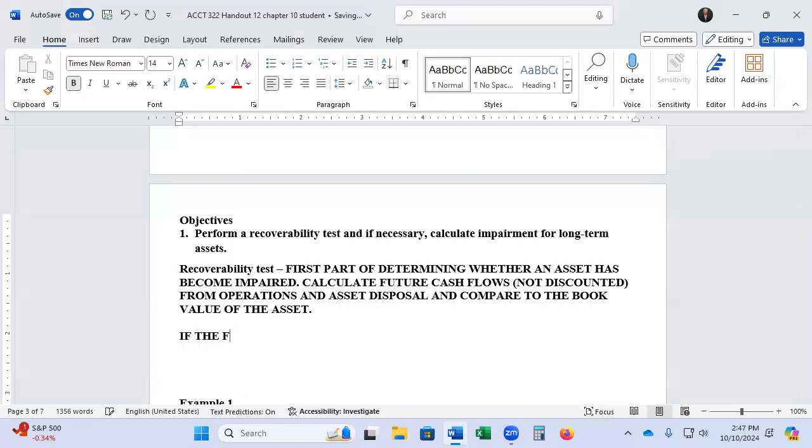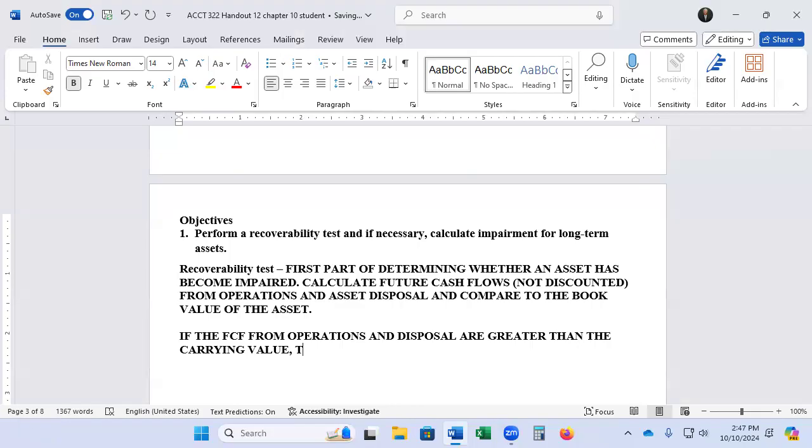If the future cash flows, so FCF, from operations and disposal are greater than the carrying value. I think I've got this backwards.